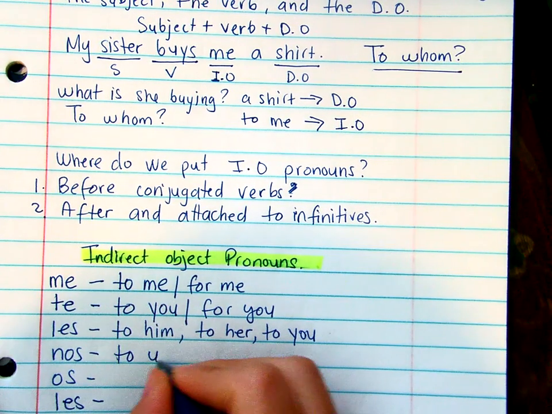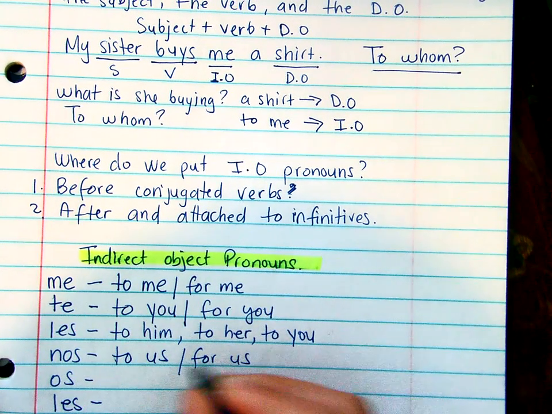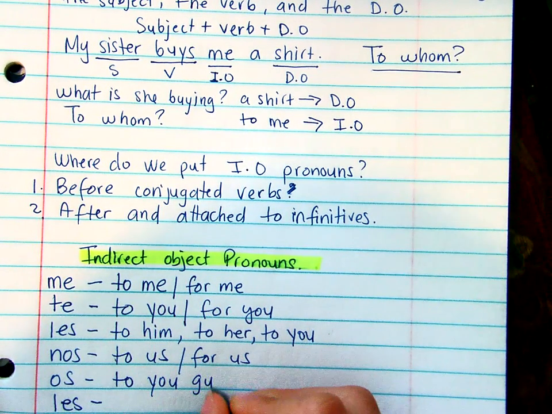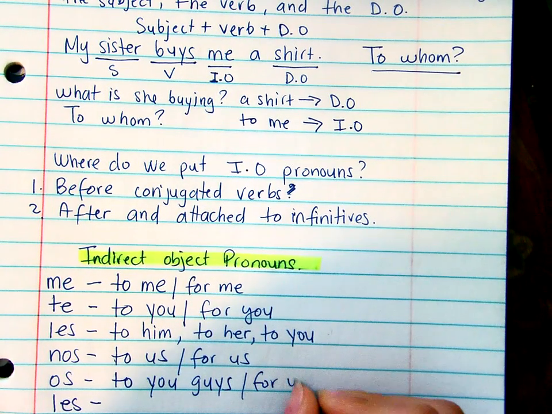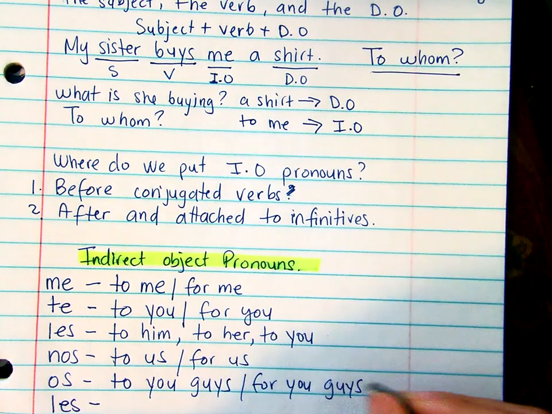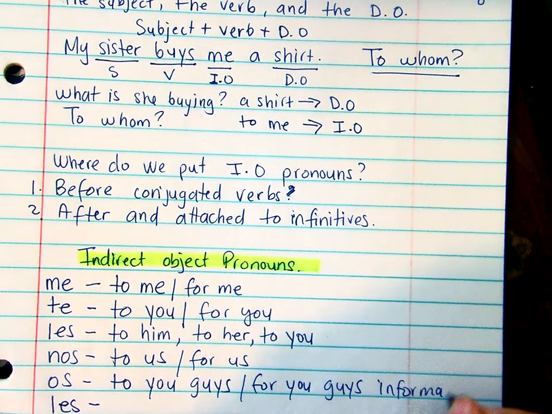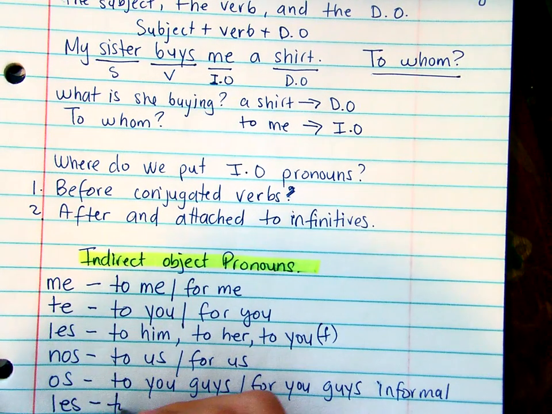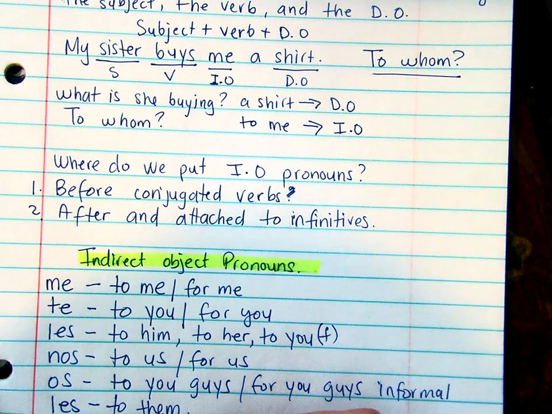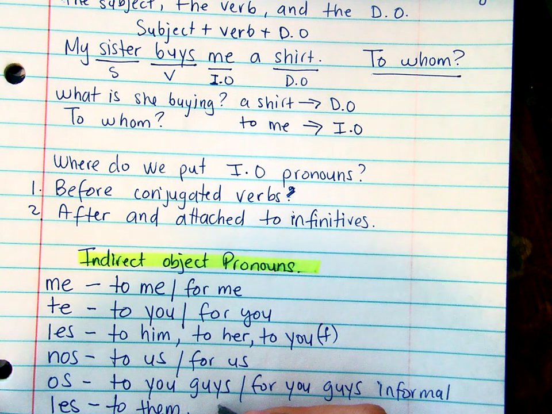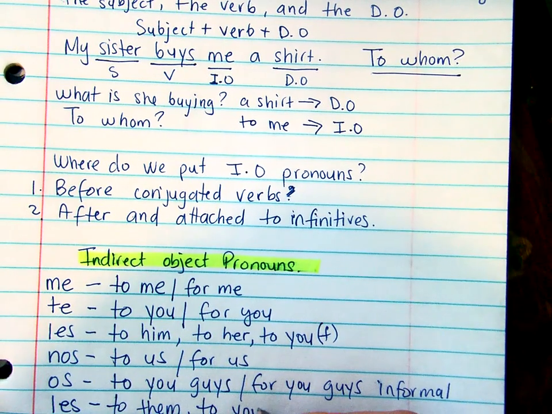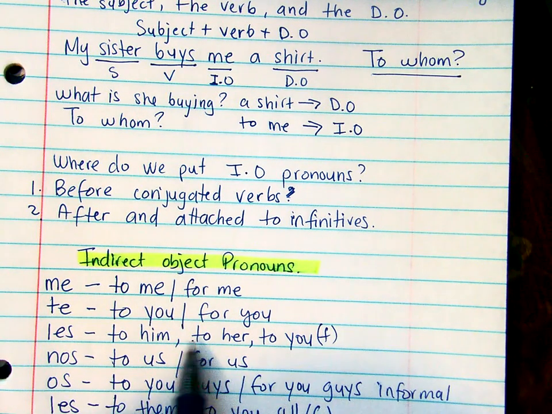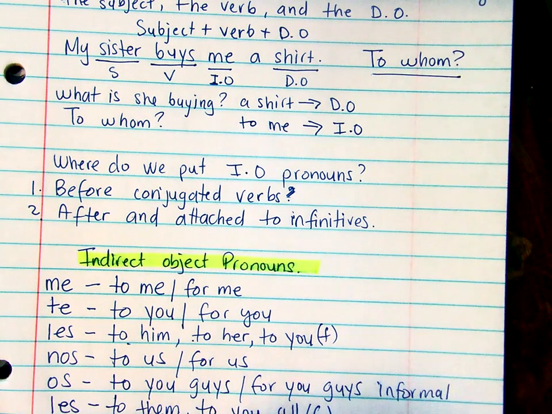To us, to you guys, informal. This is formal. And then to them, to you all, formal, right? And I'm not writing for her, for him, for you right here because I don't have any more space.